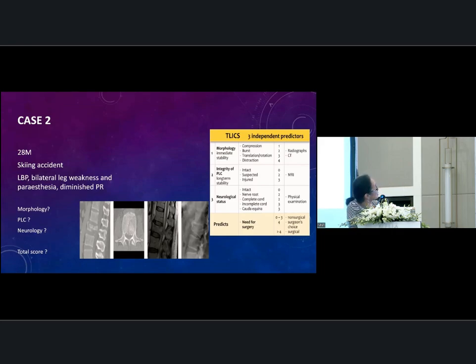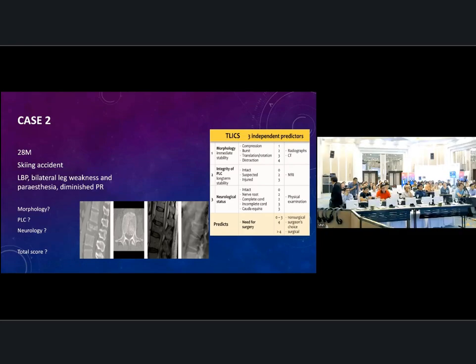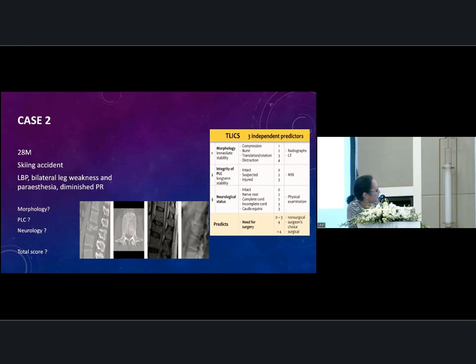Okay, so we've got a 28-year-old male, skiing accident, presents with lower back pain, bilateral leg weakness, paresthesia, diminished PR. So this fracture involves the body. The morphology, 2 points. Which one do you think? 2, yeah.